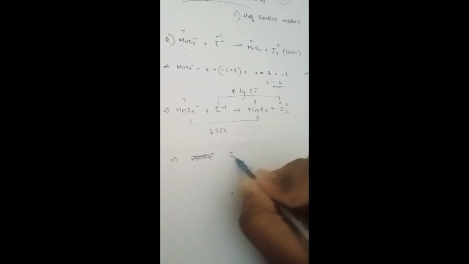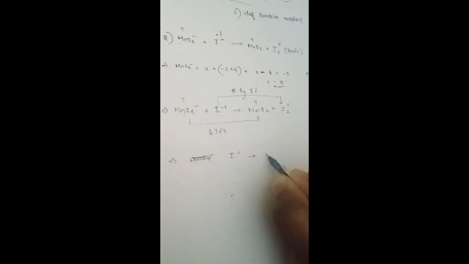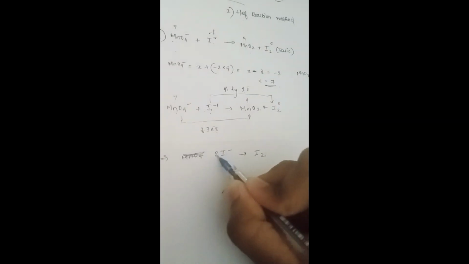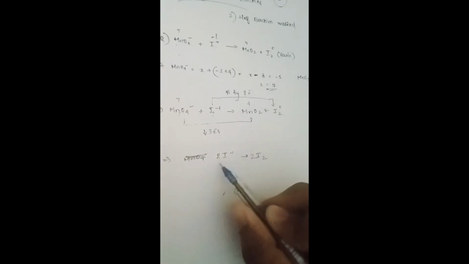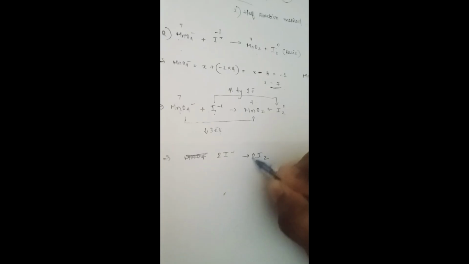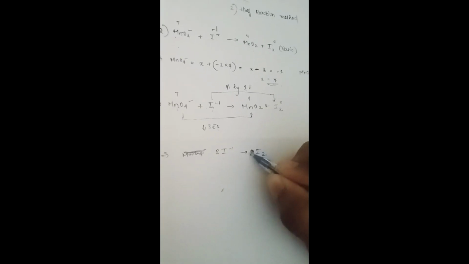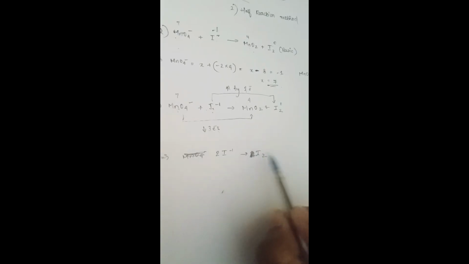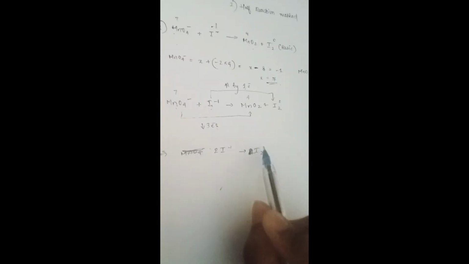So we need to balance iodine first: I minus gives us I2. Many of us will just add 2 to each side like this, but do not do this. It will be 2I minus gives us I2. This is how we balance I.